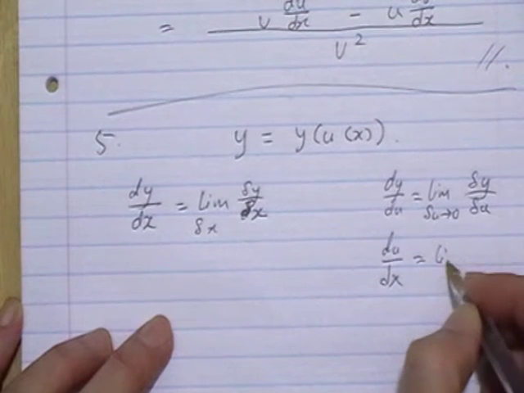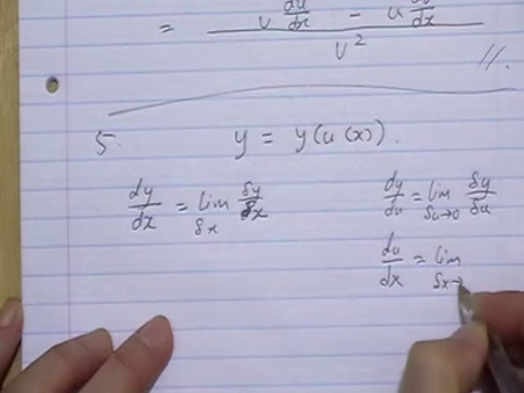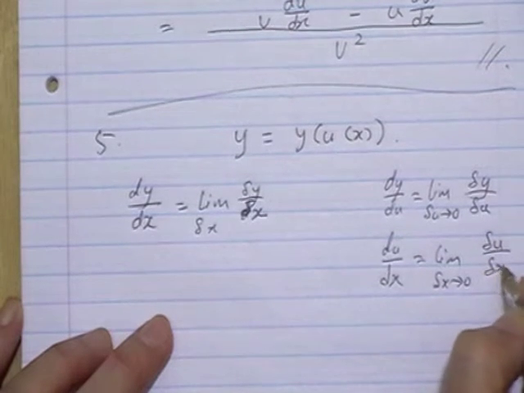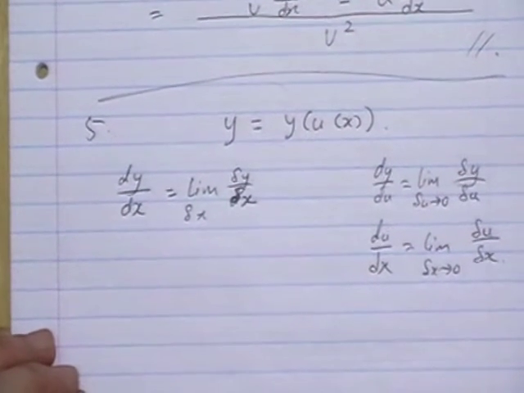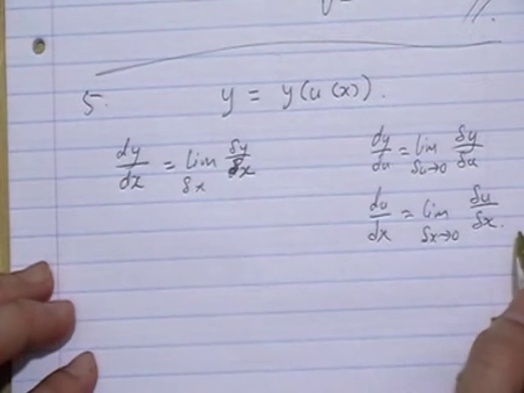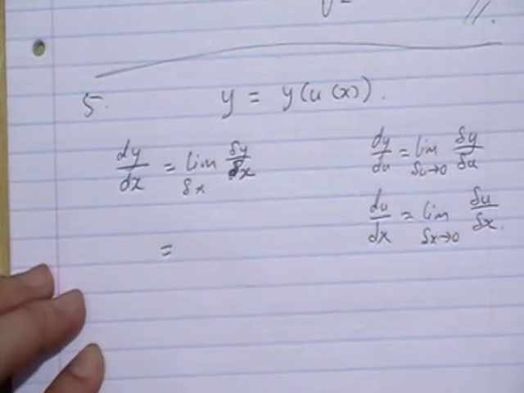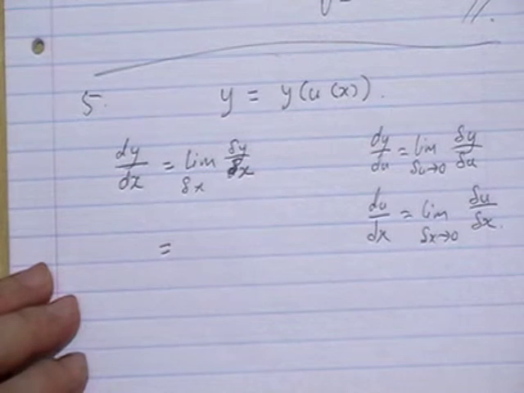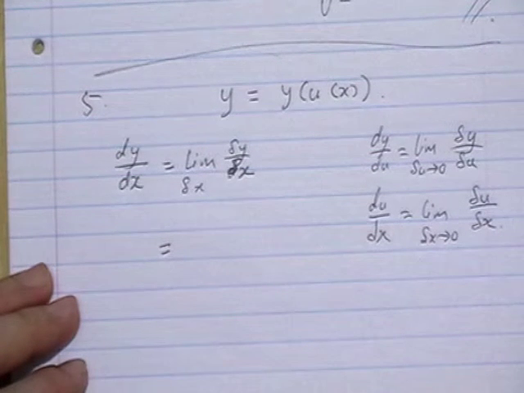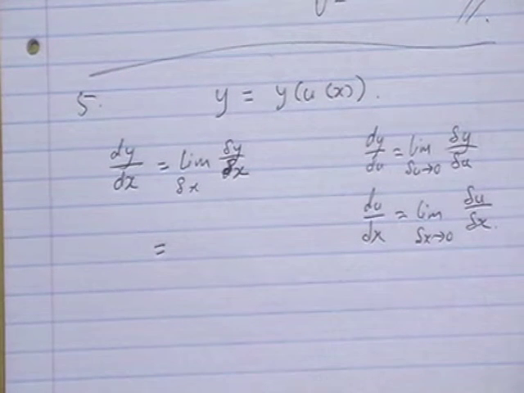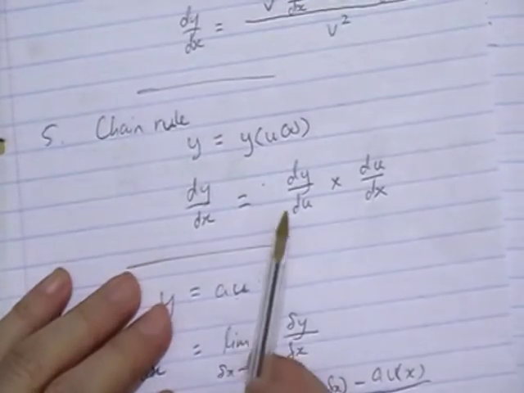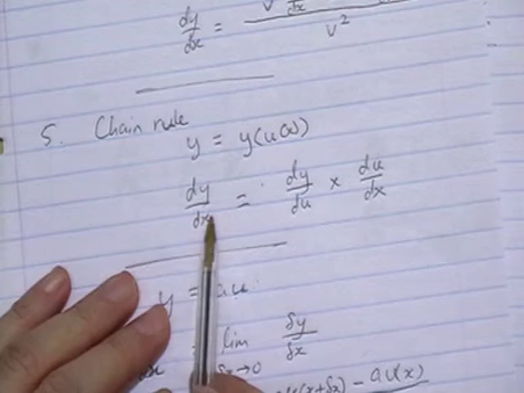That is the limit as delta x tends to 0 of delta u over delta x. And what we wanted to prove, right, was that when we multiply those two, we get this.